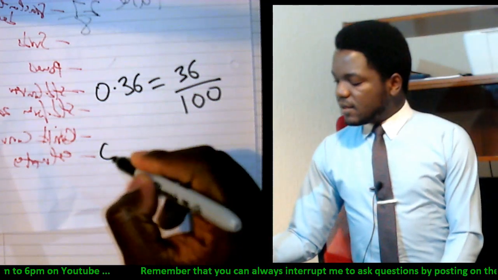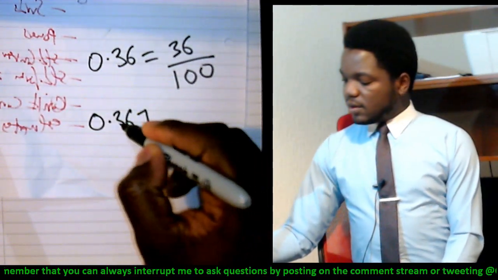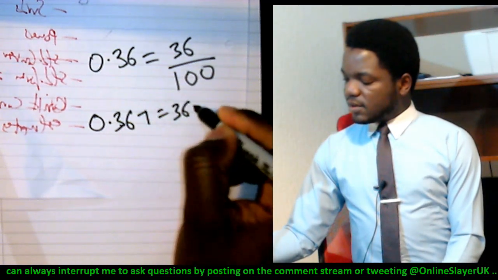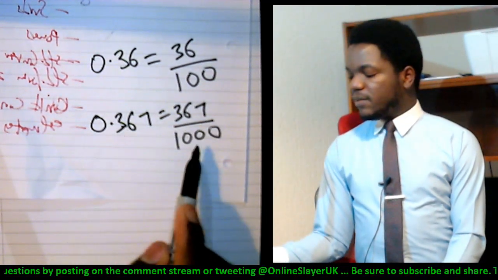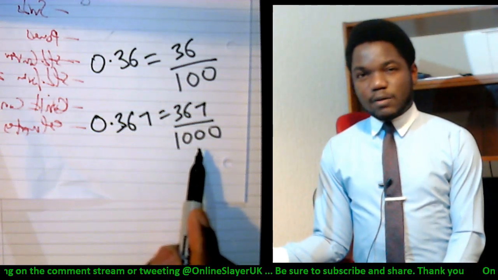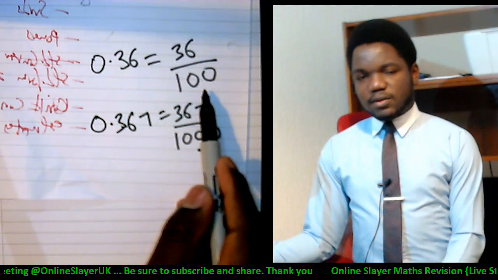If I had 0.367, it's going to be 367 divided by 1000, because 3 decimal places means 3 zeros at the back of a 1. 2 decimal places, 2 zeros at the back of a 1.